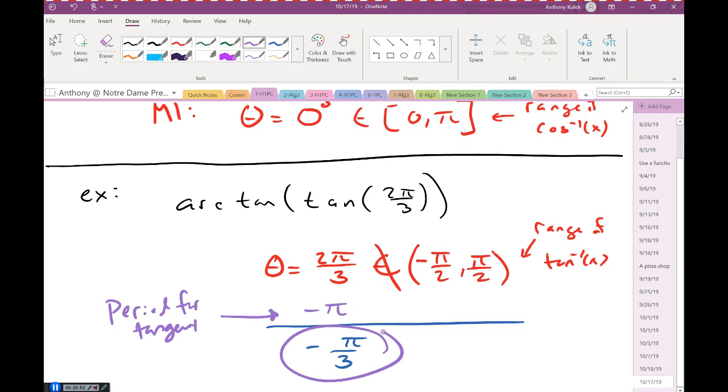Because normally to find something coterminal, we just add 2 pi or subtract 2 pi, which is correct. That is what you'd want to do to find a coterminal angle. The problem is we're not actually going to find a coterminal angle here with tangent. We need to find something inside of this specific range of values, and that angle actually isn't coterminal, but because the period for tangent is only pi, we can just subtract pi instead, and it all kind of works out.